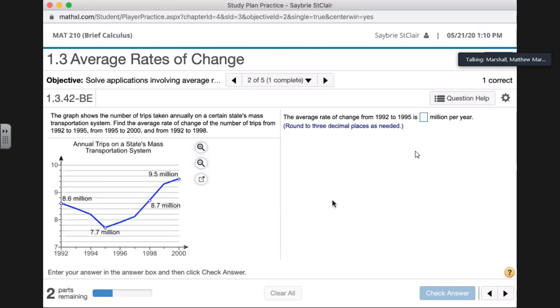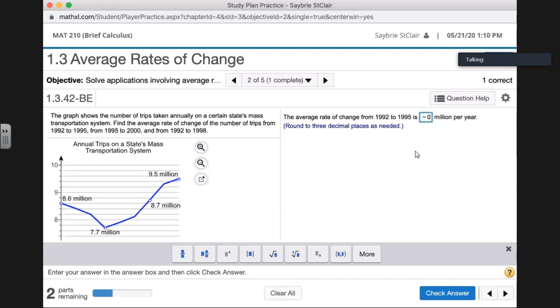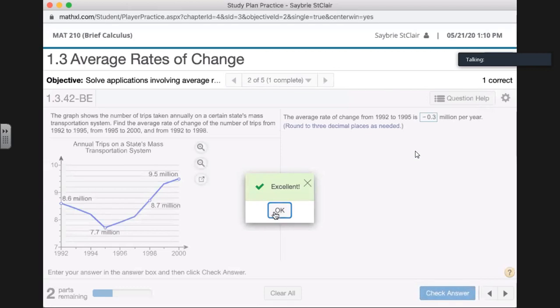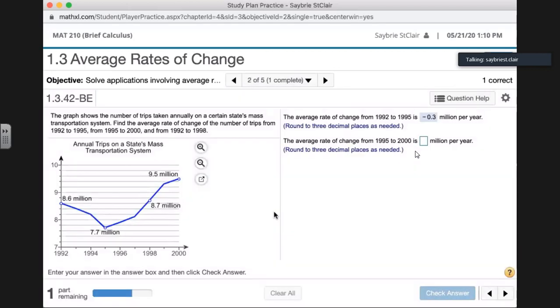So hopefully. Yep. No, I'm not getting negative for that one because it's going up.